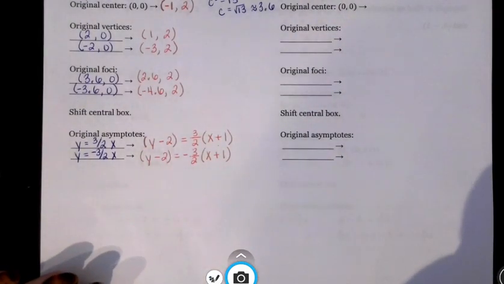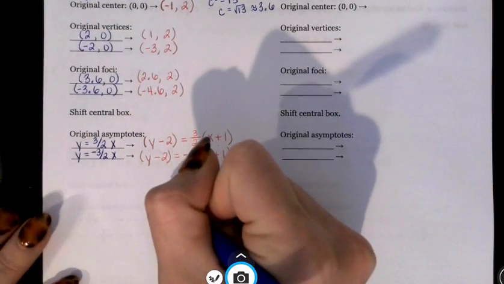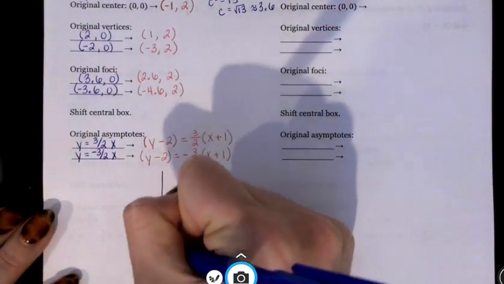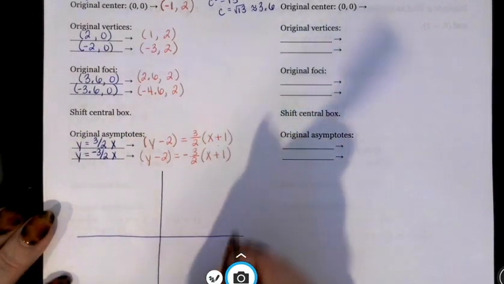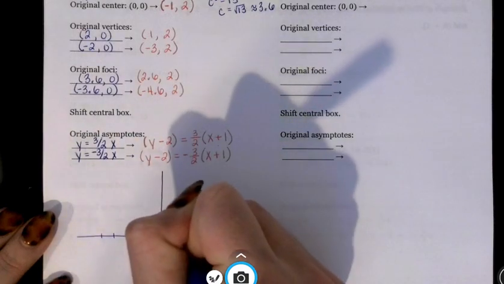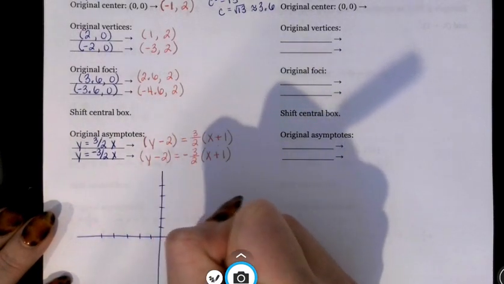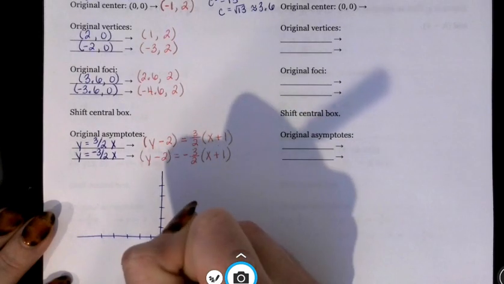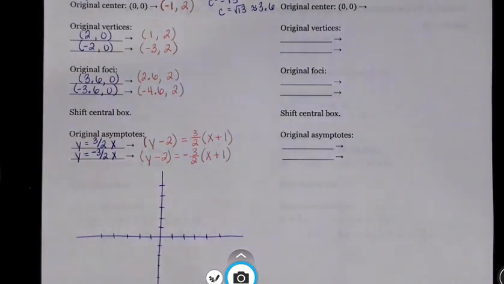So I am going to do a coordinate plane here. I'm going to do 5 in all directions.